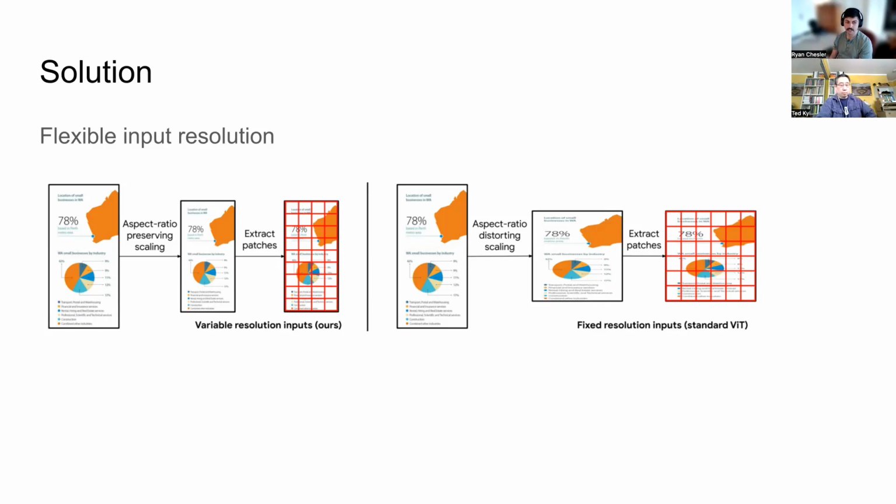So what they figured out was they can basically scale the image just until it fills up the context, preserving the aspect ratio. On the right is what people would typically do: we have this long and narrow document, and we map it to 8.5 by 11.